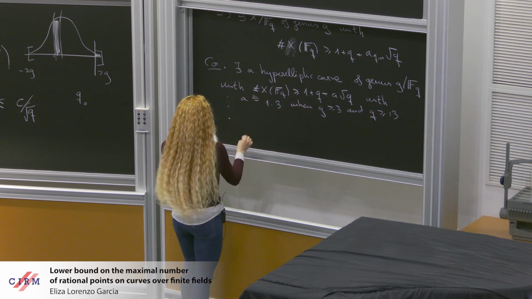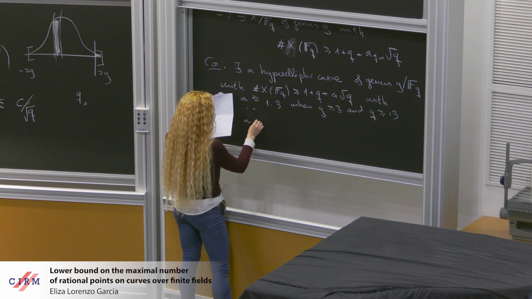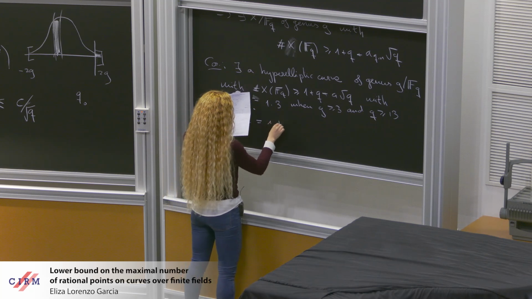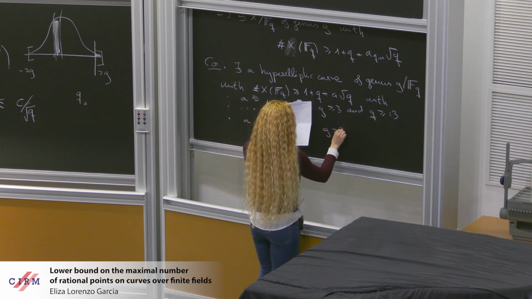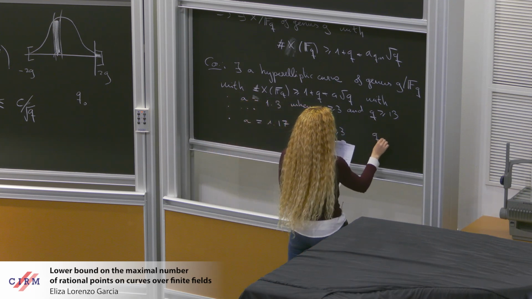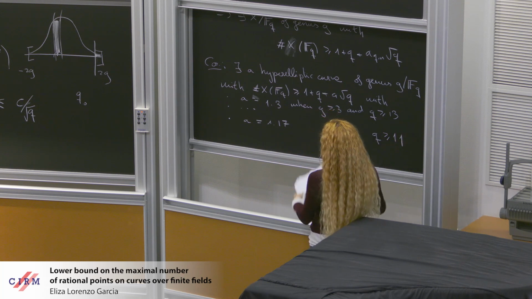I don't have that much time, so I just write this one. I skip one: g greater or equal than 3 and q greater or equal than 11.